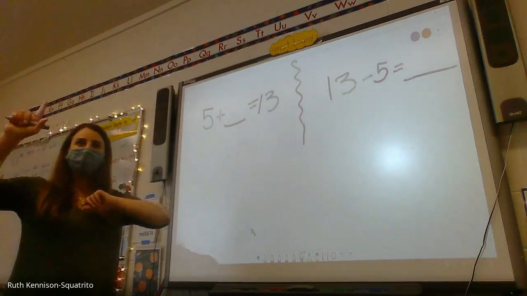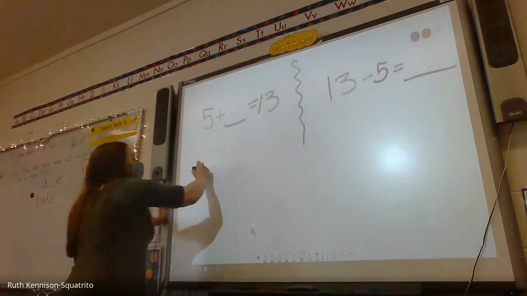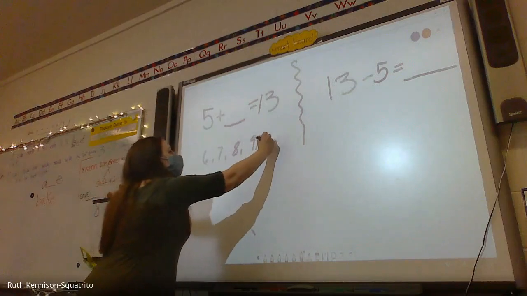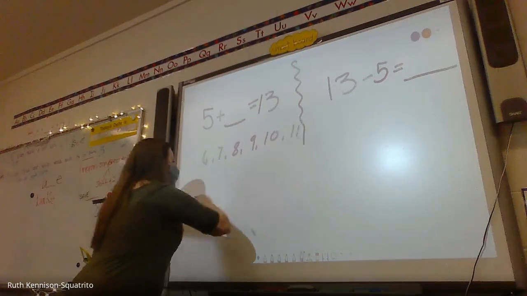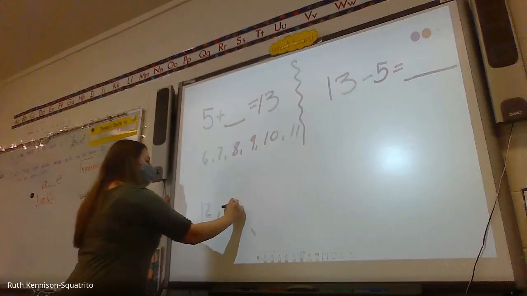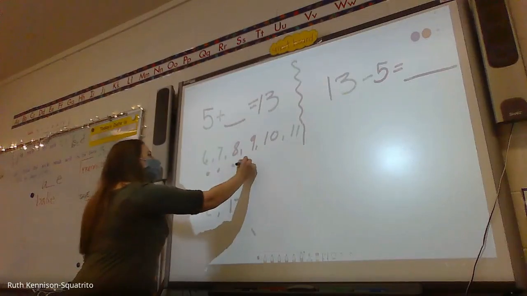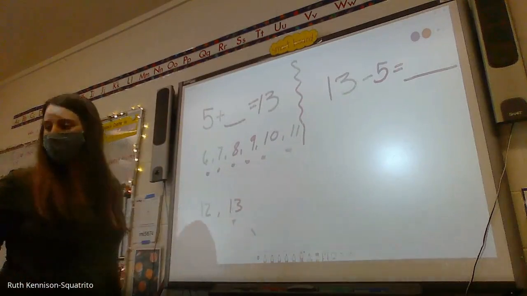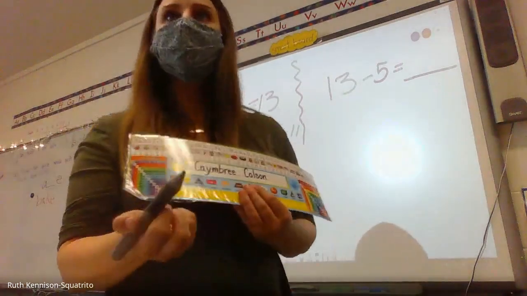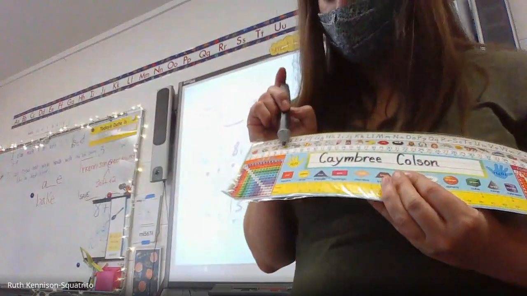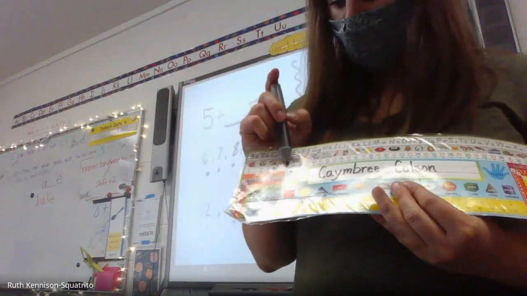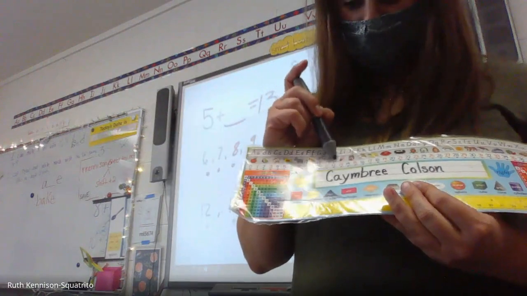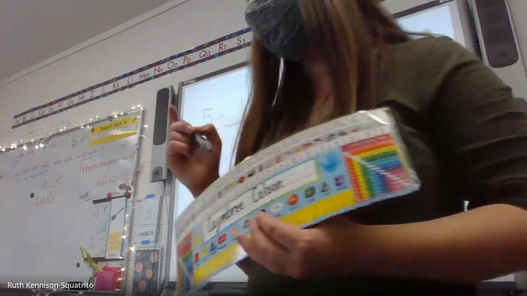I would go 5, 6, 7, 8, 9, 10, 11, 12, 13. 1, 2, 3, 4, 5, 6, 7, 8. Right? If I was doing that on the number line, that's where I would start at 5 and count how many hops it takes me to get to 13. 1, 2, 3, 4, 5, 6, 7, 8. 8 hops.